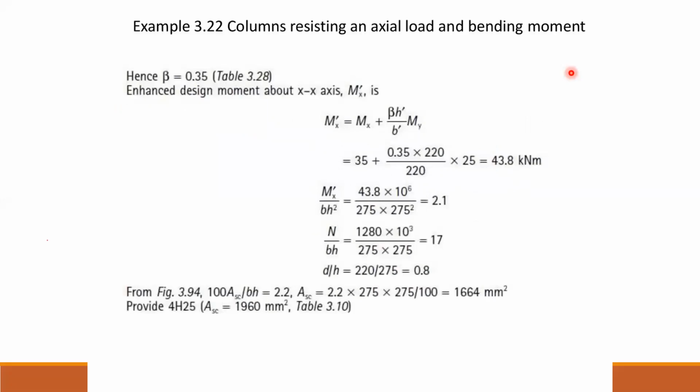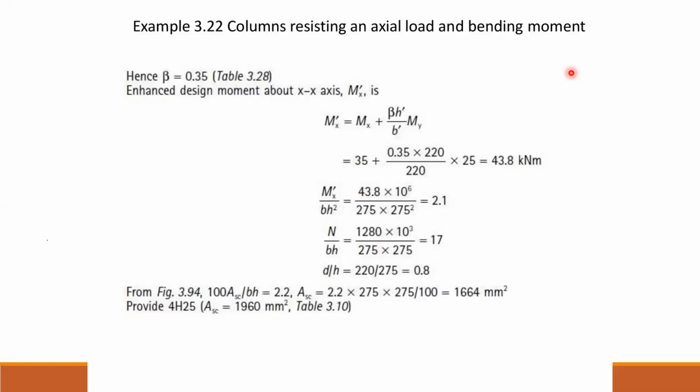Then the design moment of XX, M dash X. M dash X is equal to the MX plus BH over B dash MY, 35 times 0.35 into 225 into 25. This is what we calculated earlier. You remember that the MX over MY is larger than that. This is how you can find out the effective moment.